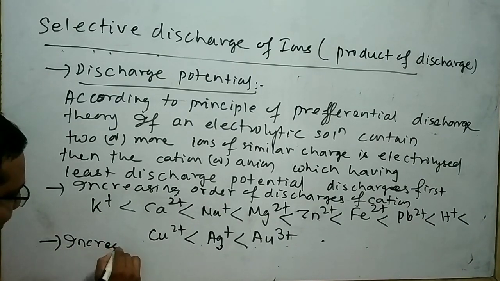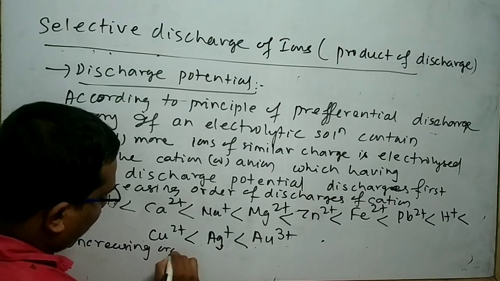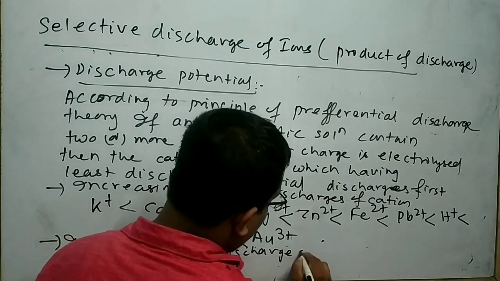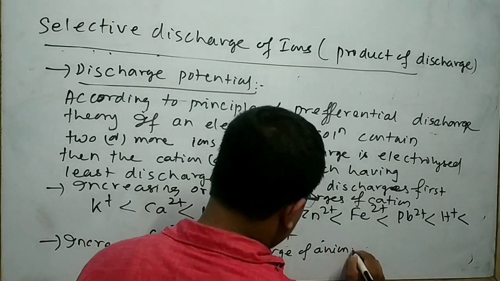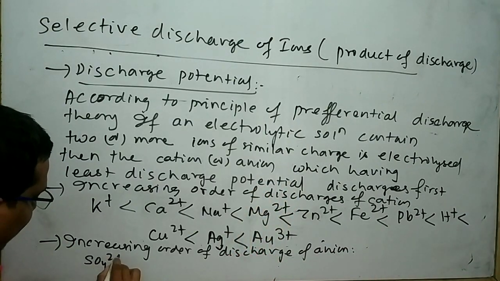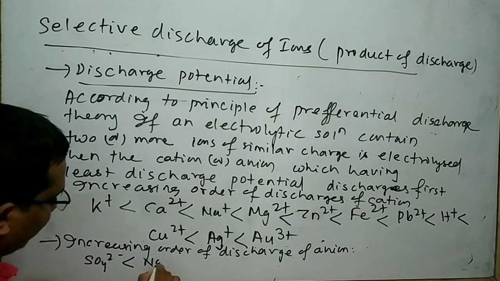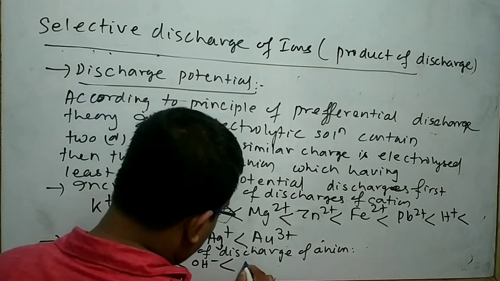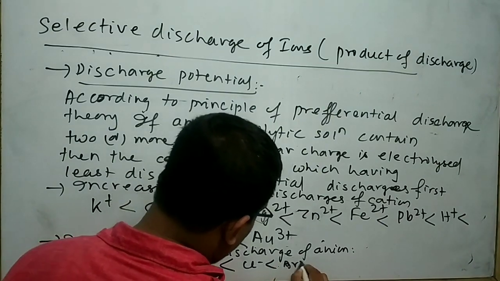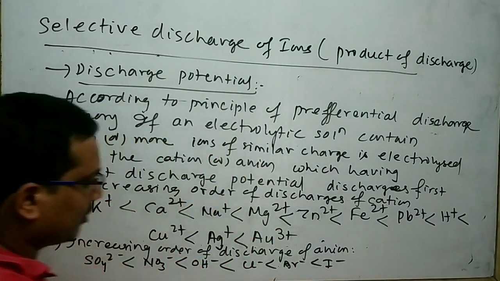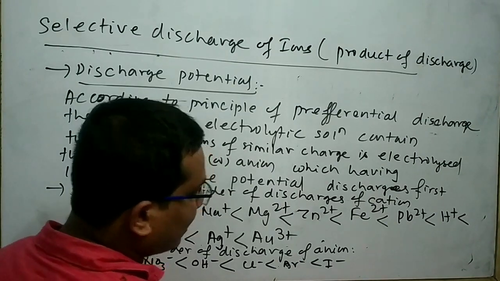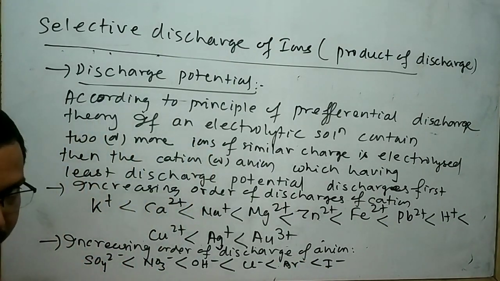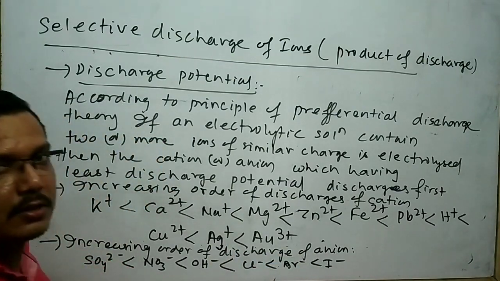The increasing order of discharge of anions: SO4 2- smaller than NO3- smaller than OH- smaller than Cl- smaller than Br- smaller than I-. That means I- has the least discharge potential as compared to the other anions. So I- discharges first.